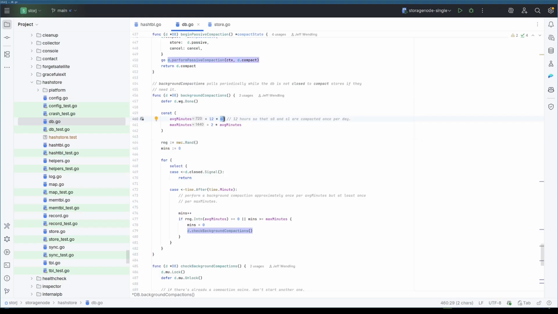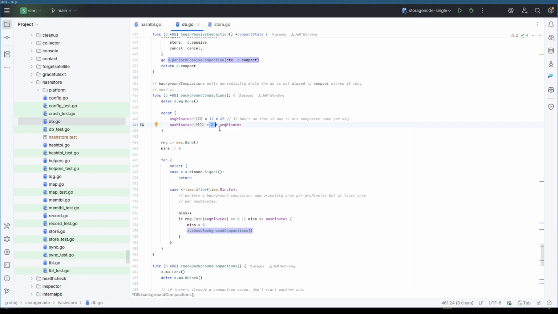And because we have two hashstores, it means that it's once per half day for each. And if we were so unlucky that it didn't happen during the last 24 hours, then it will be triggered anyway. But it's a random time.